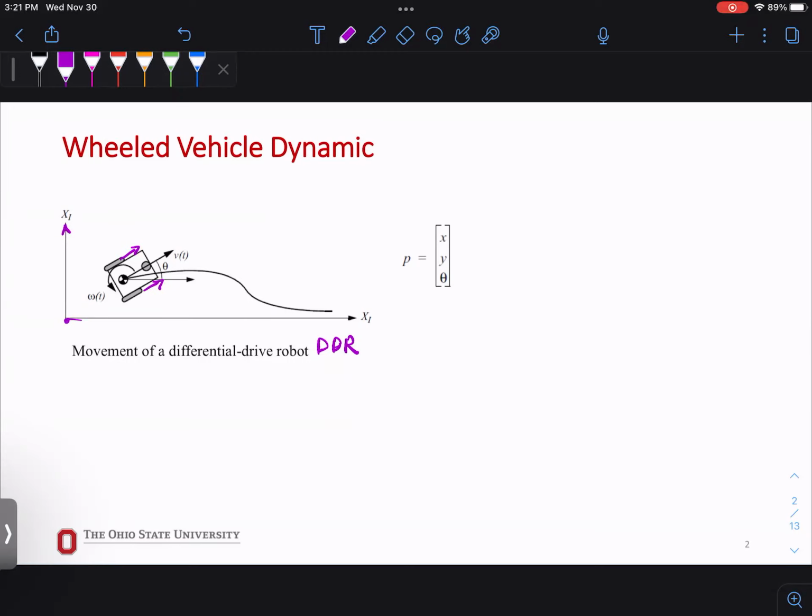Now, if you want to see, so this has how many degrees of freedom? 3. So 3: X, Y, and then you're rotating, right? The heading is called heading. So X, Y position is where the car lands.